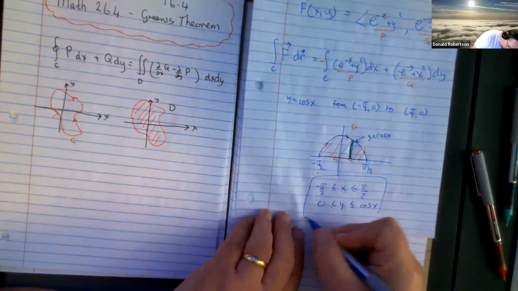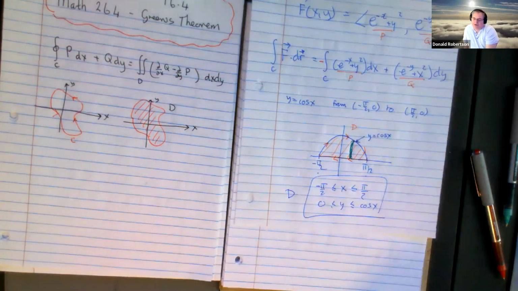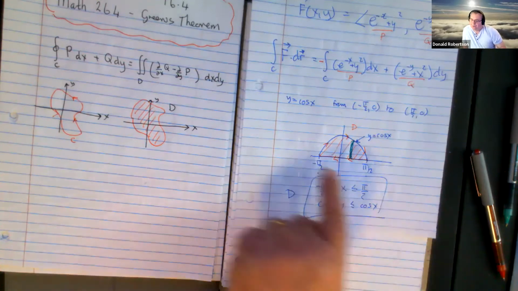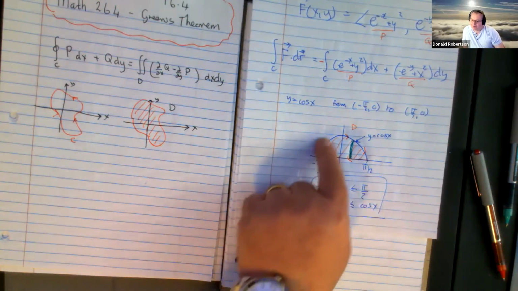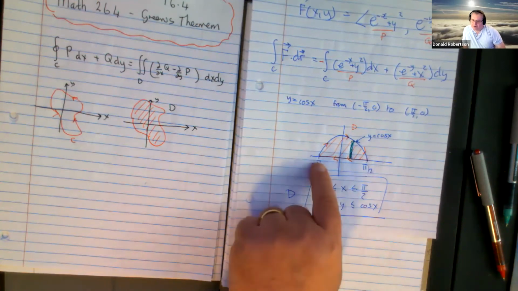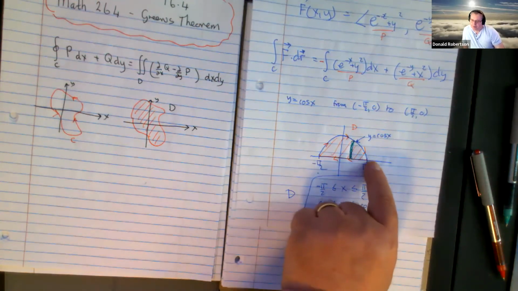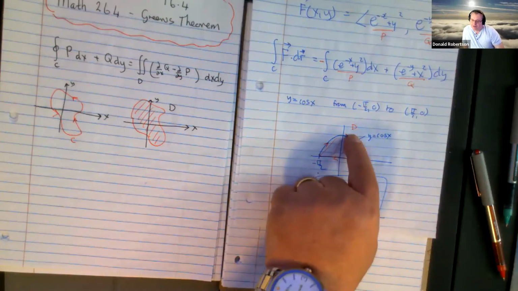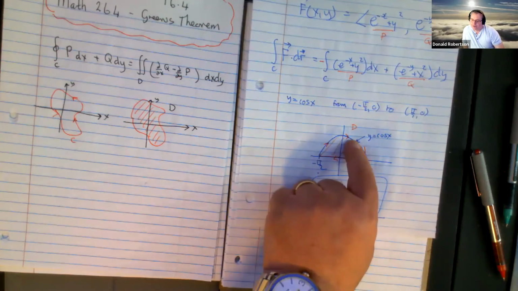Are you comfortable about region D's limits of integration? Right, there's my shape, my loop. I want the shaded part inside it. x goes from negative pi upon 2 to pi upon 2. A typical rectangle goes from the bottom 0 to cosine x.